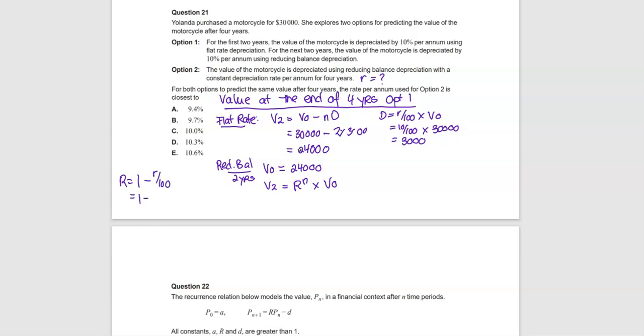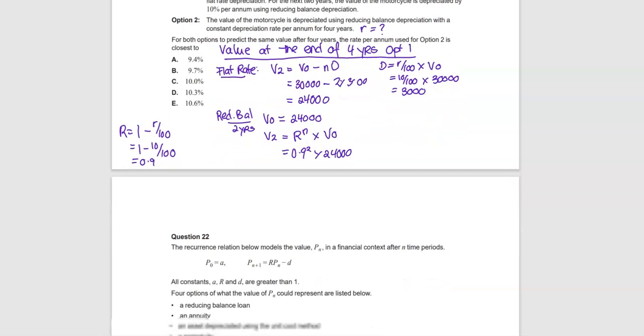So the rate was 10% for that scenario. So we end up with 0.9. So this ends up being 0.9 to the power of 2 times the 24,000. So we finally get down to the value of the motorcycle after the 4 years using option 1, which is 19,440. So now we want to know what the rate is using option 2.